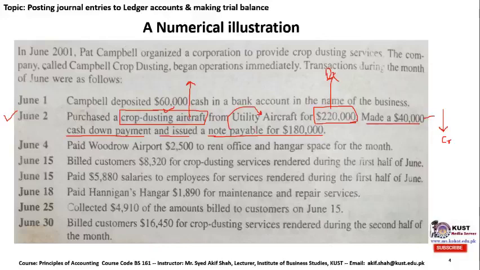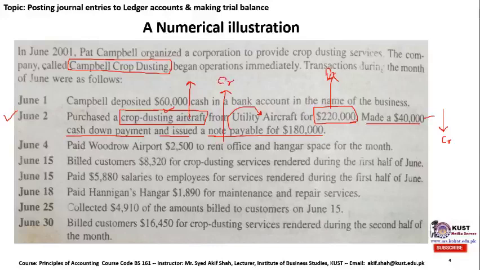So therefore our company, which is named Campbell Crop Dusting Company, its liability with the title of notes payable has been increased. And according to the Diamond rules for debit and credit, when there is an increase in the liability of the company, it will be recorded as a credit entry.